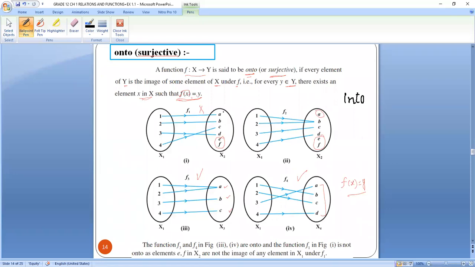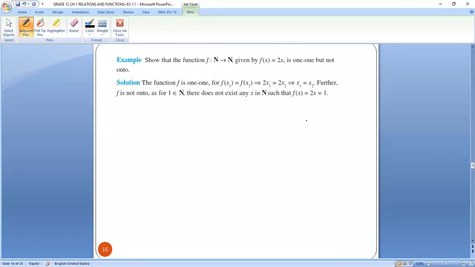If every element of the second set is connected, then we say that the function is onto. If there are a few elements which are not connected, the function is not onto. If the function is not onto, we will say that the function is into. Now we will check with the help of examples, right?